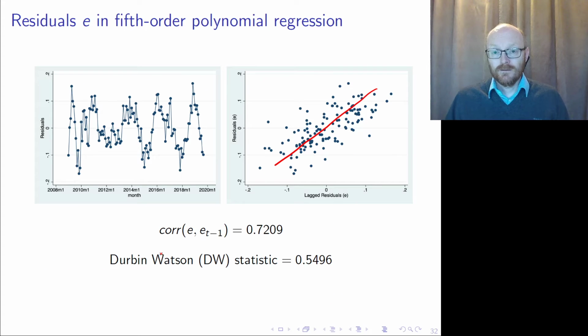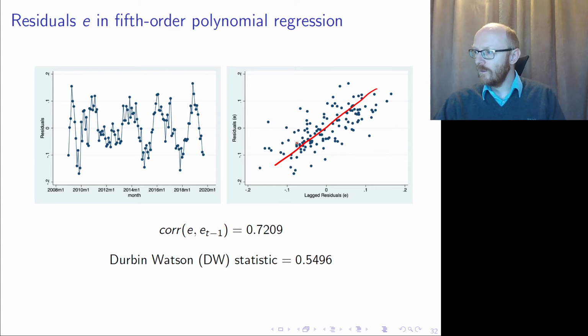Always check the residuals. Here we have the residuals from the 5th order polynomial regression from the last video, and you can see that these residuals are dependent, because if the residual goes upwards, then most likely the next residual is even higher, and if it goes downwards, then the next residual is probably lower.